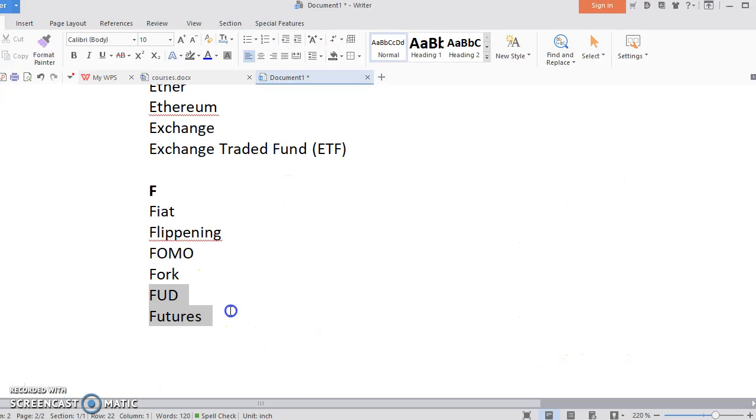And then you have FUD: fear, uncertainty, and doubt. So it's basically when someone is giving certain information that could cause people to take actions out of fear, out of uncertainty, and out of doubt.